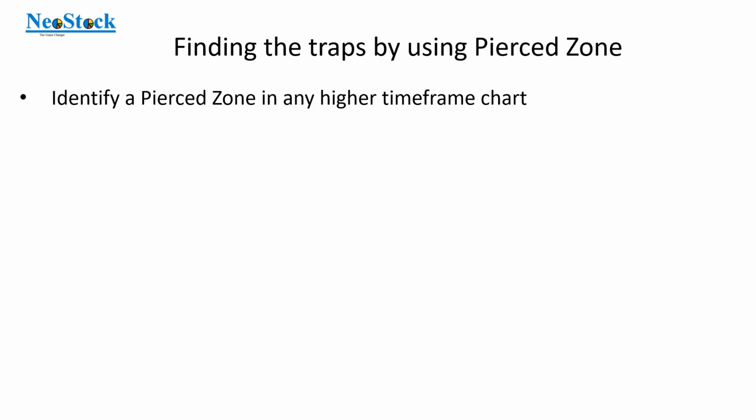They are working effectively. But they are very effective in the daily, weekly or monthly time frame, and daily is excellent because it is very easy to analyze the charts. That's why almost all the examples I took are in the daily time frame. I want to show you how powerful the daily time frame is when you are dealing with pierced zones.